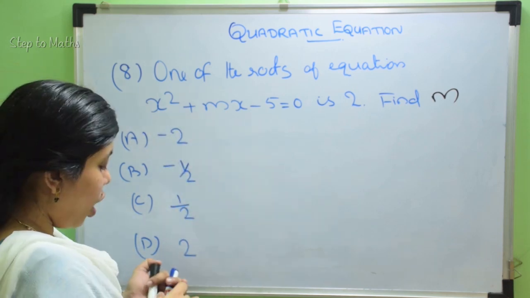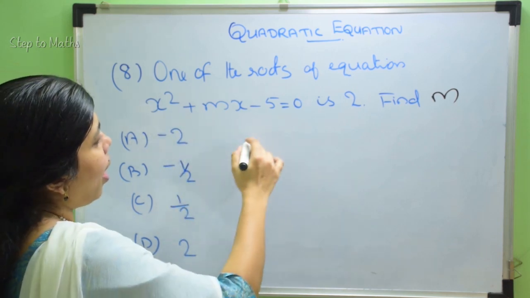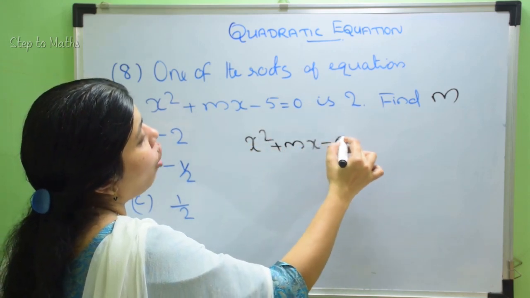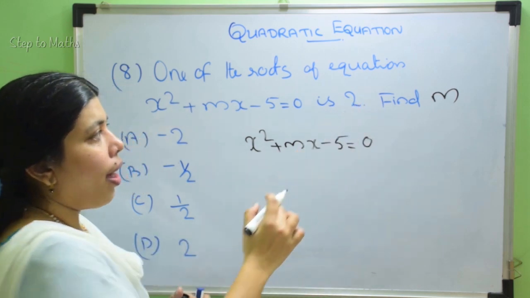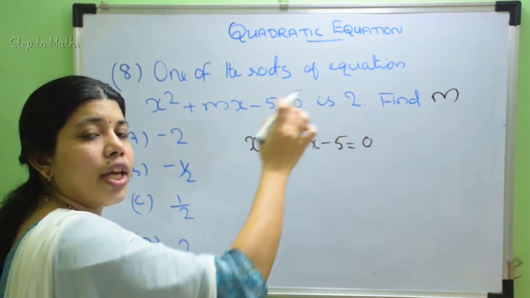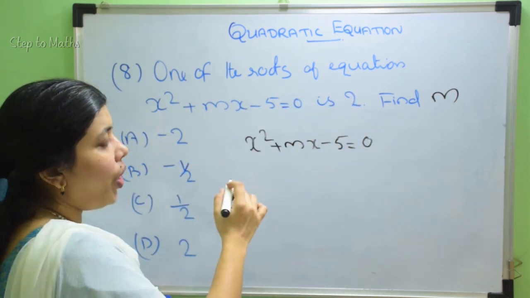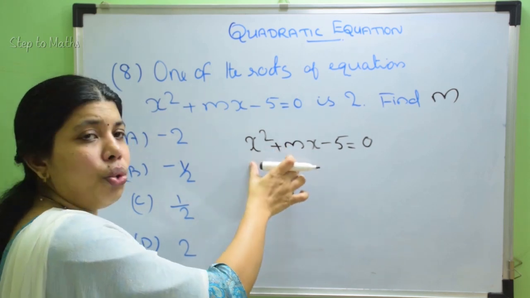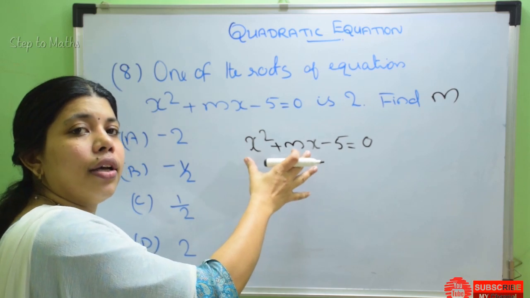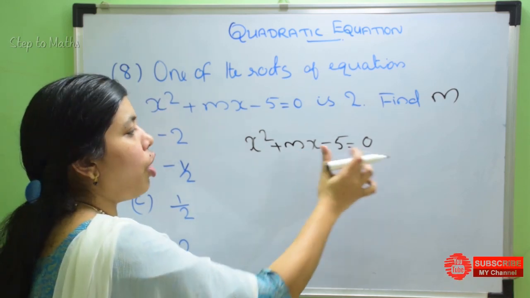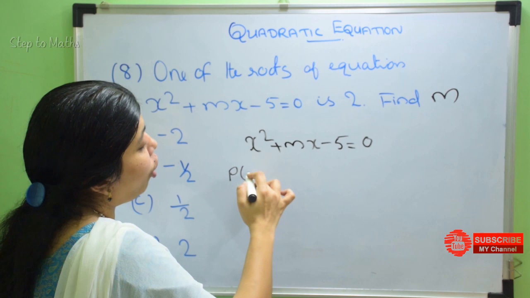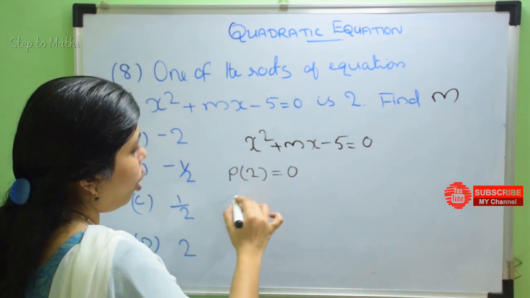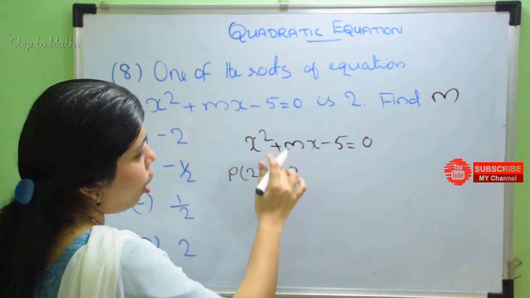The given quadratic equation is x square plus mx minus 5 is equal to 0 and 2 is its one root. 2 is one root means at the point 2, this quadratic equation becomes 0. That means P of 2 is equal to 0.